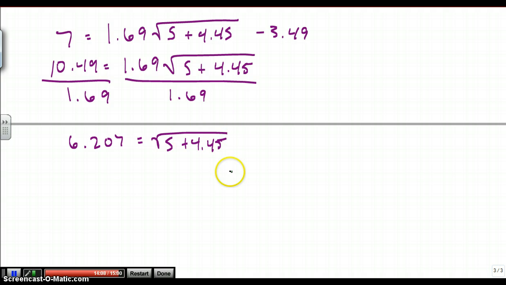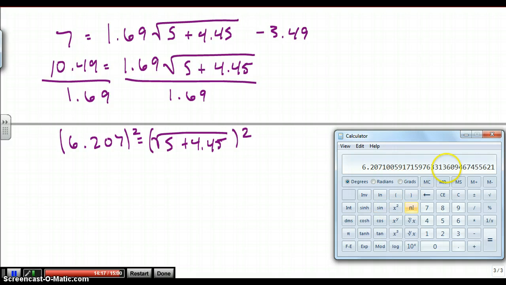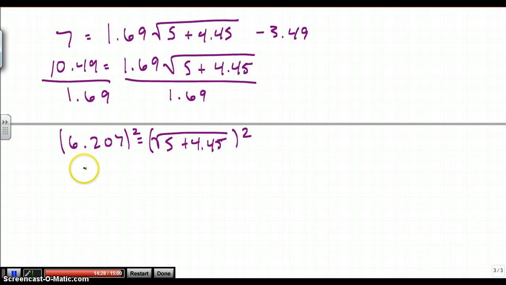And now we have to square both sides. So we get, just going to use that same number, and we're going to square it. And that gives me 38.528 equals S plus 4.45.